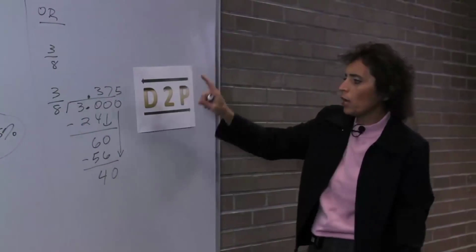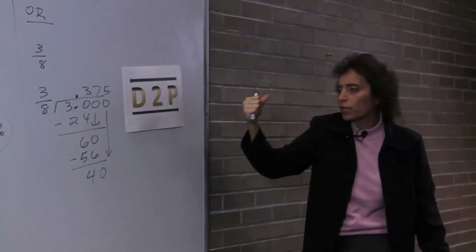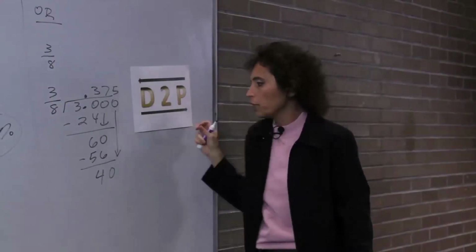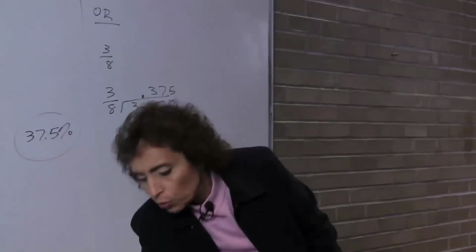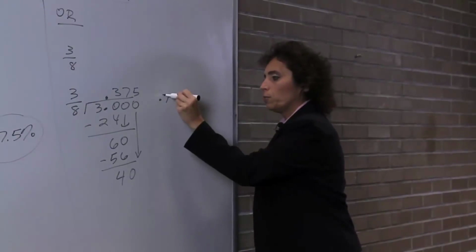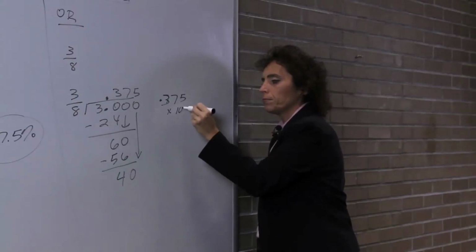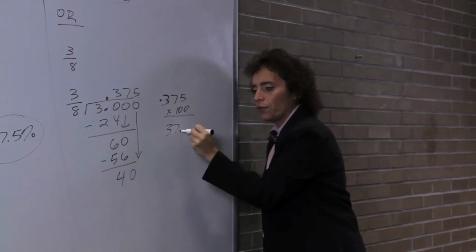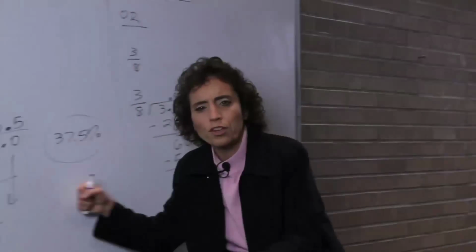So I'm going to take this off, because remember now to change a decimal to a percent, we're going to multiply by 100 or move the decimal to the right 2 places. So here we go. And now I think you see you're going to get the same answer. 0.375 times 100 is 37.5%. So pick your own poison, this way or this way.